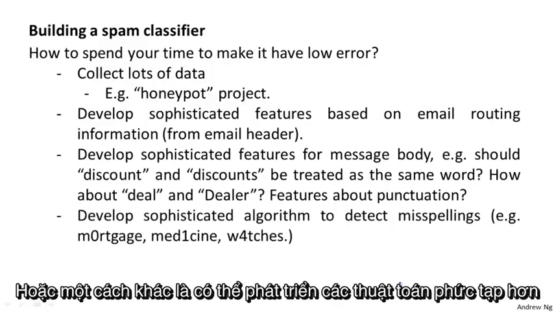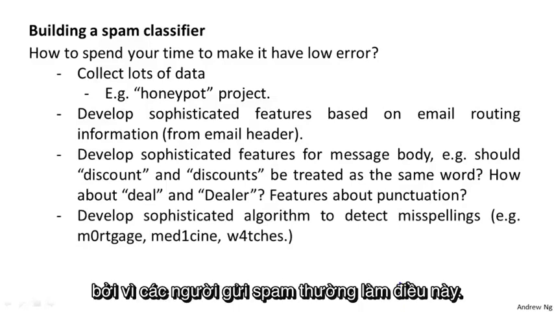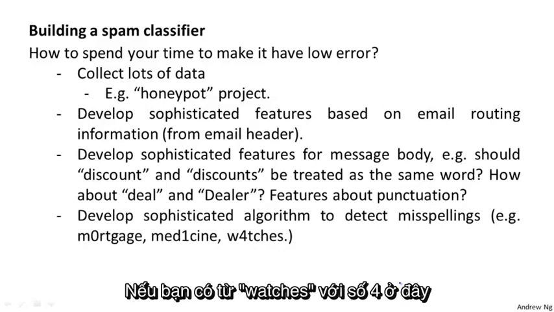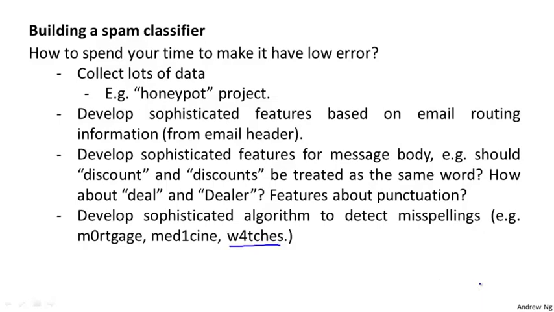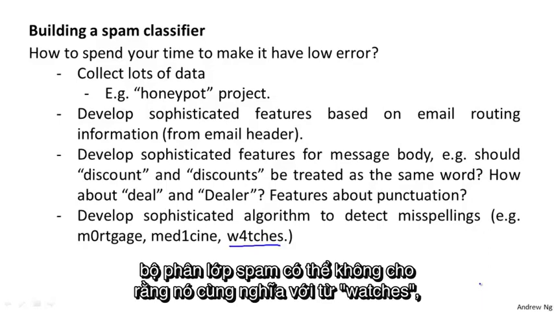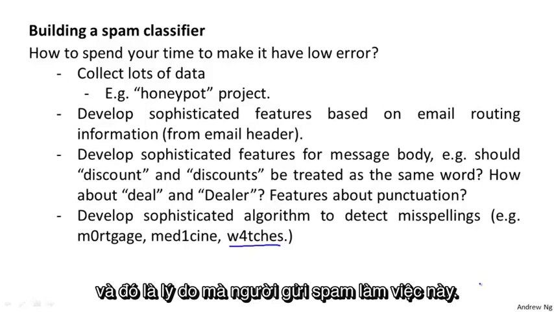And along the same lines, maybe we also want to develop more sophisticated algorithms to detect and maybe to correct deliberate misspellings like m0rtgage, med1cine, w4tches. Because spammers actually do this. If you have watches with a 4 in there, then, well, with the simple technique that we talked about just now, the spam classifier might not equate this as the same thing as the word watches, and so it may have a harder time realizing that something is spam with these deliberate misspellings, and this is why spammers do it.